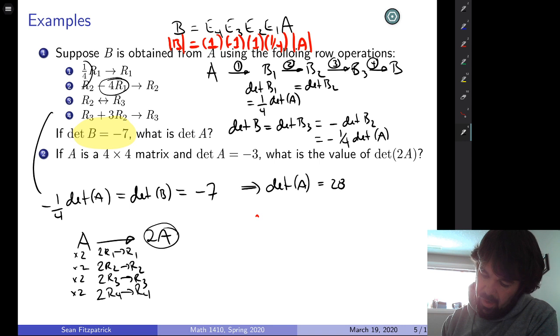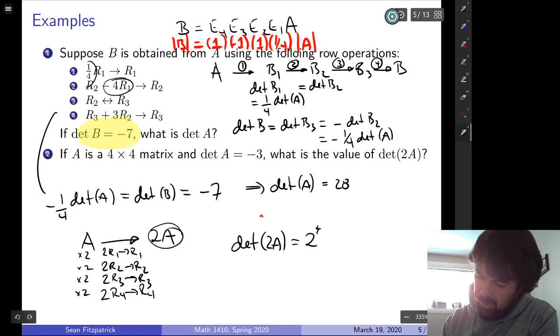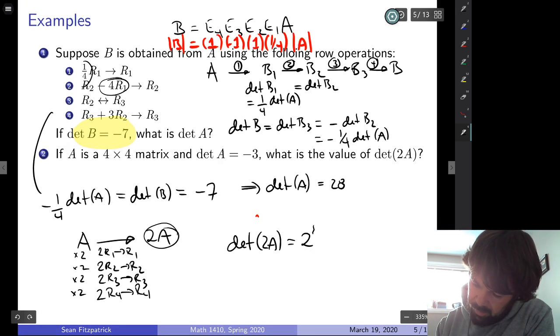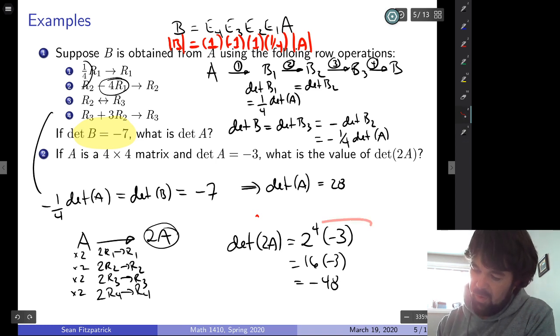So the determinant of 2A would be 2 to the 4th power times the determinant of A, which is minus 3. So 16 times minus 3, or negative 48. Although if you left your answer like that, that's perfectly fine. I don't care if you do the arithmetic.